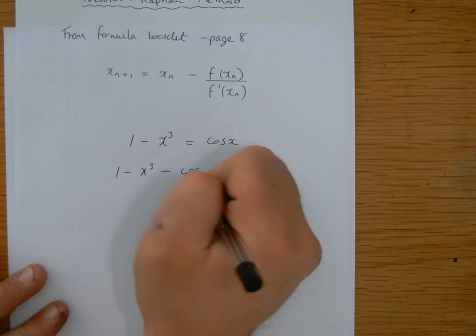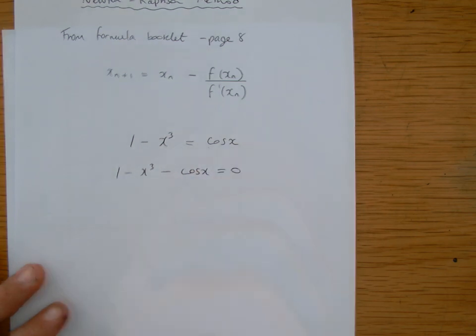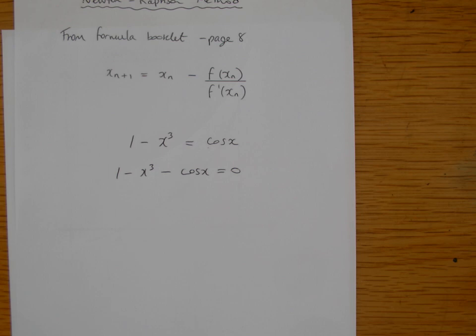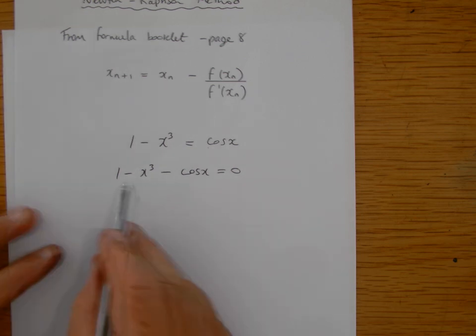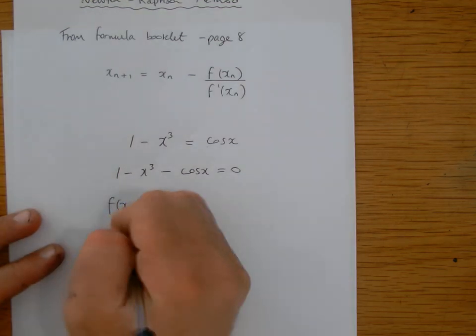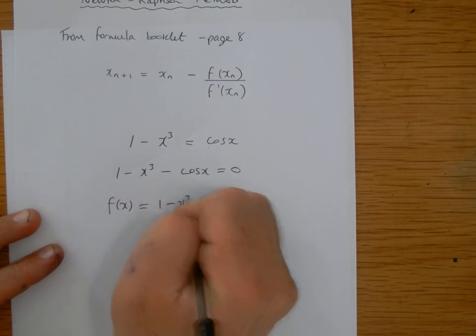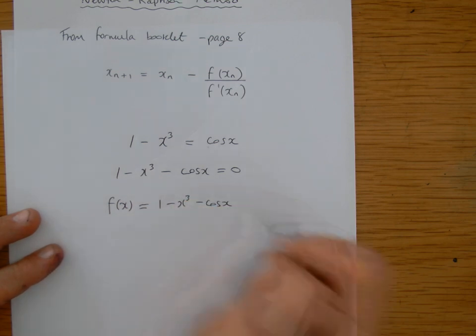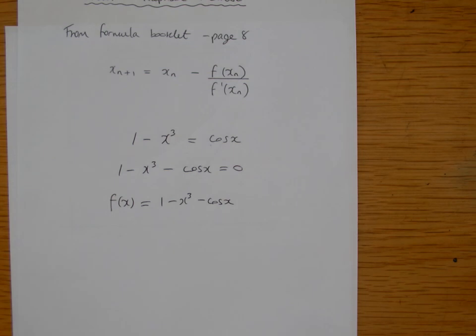We could take the cos x over, and then you've got 1 minus x cubed minus cos x equals 0. We would then call this my function f of x, and we've got f of x equals 1 minus x cubed minus cos x.